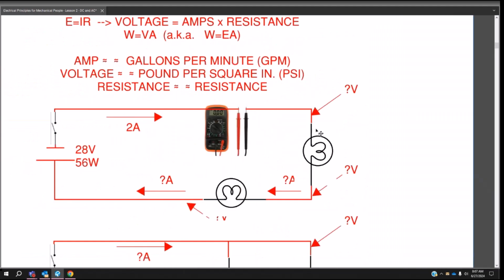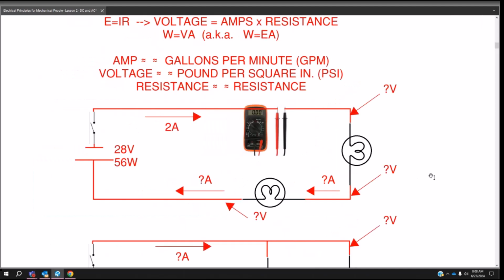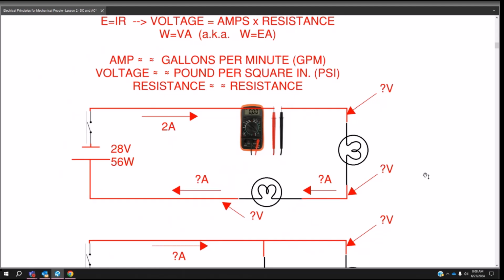All right. So what would be the voltage on the high side of this lamp right here, if I were measuring to ground? If I were measuring to the other side of the battery, we'll put it that way. There are 2 loads here. Keep that in mind. I got the total resistance. Each one is 7.